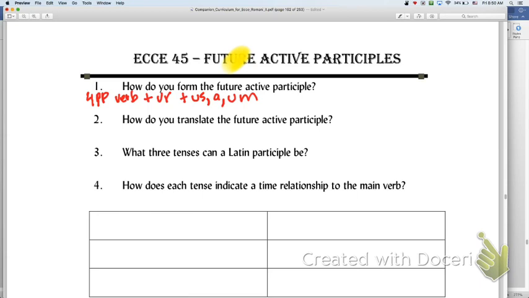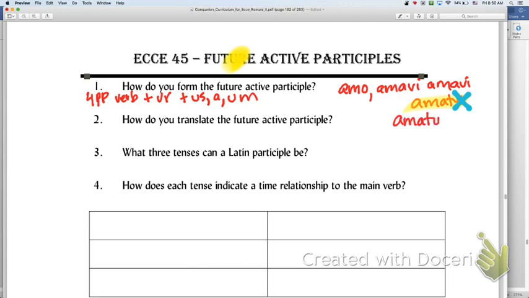For example, if I was going to take our favorite Latin verb, amo, amare, amavi, amatus, I would get my future active participle from the fourth part, but I would take off the us.